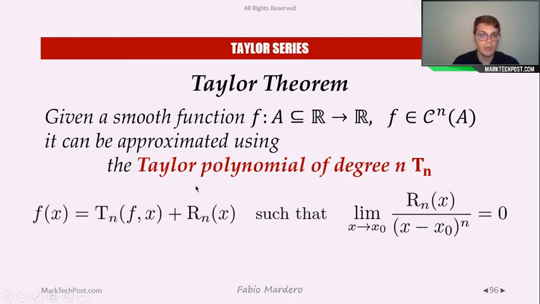In particular, this residual term, this sort of error, is such that if we consider the limit of x that approaches x0, Rn(x) over x minus x0 to the power of n is equal to 0. This means that the numerator approaches 0 faster than the denominator when x approaches x0.